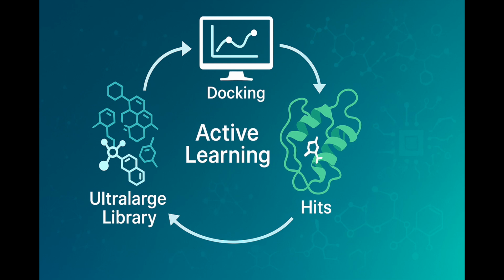So if the data you're training on, the docking scores, are a bit fuzzy to begin with, then maybe throwing a super complex model at it doesn't actually help much more than a simple one. The simple model is good enough to capture the noisy signal. That makes a certain kind of sense. The complex model might be trying to fit noise. Sort of, yeah. They even checked how well predicting scores using a second docking run worked, and its value dropped off pretty quickly after the first few rounds of active learning.